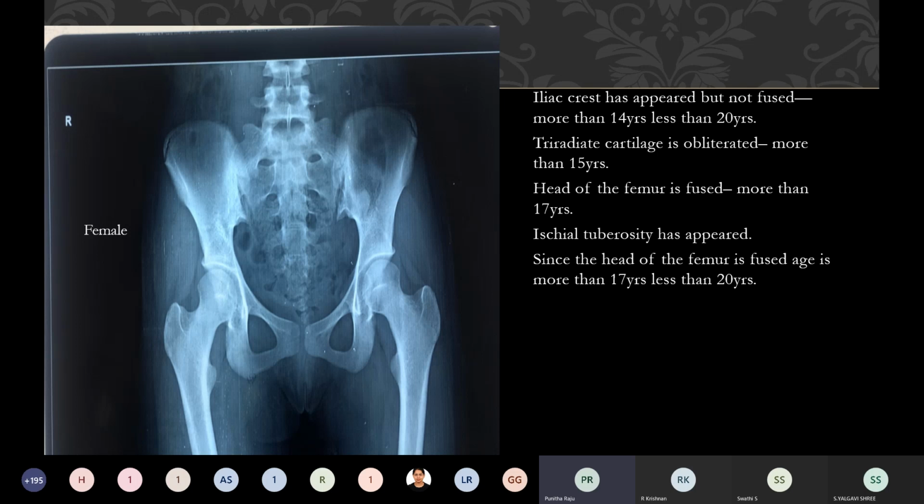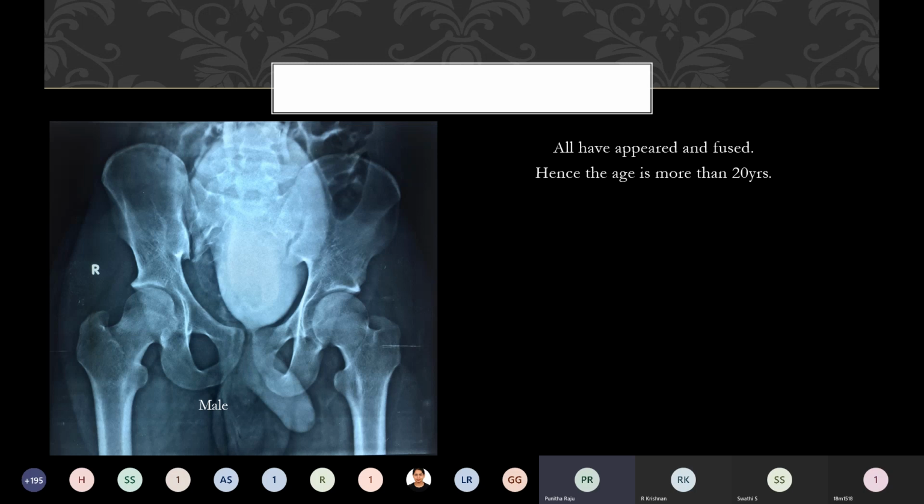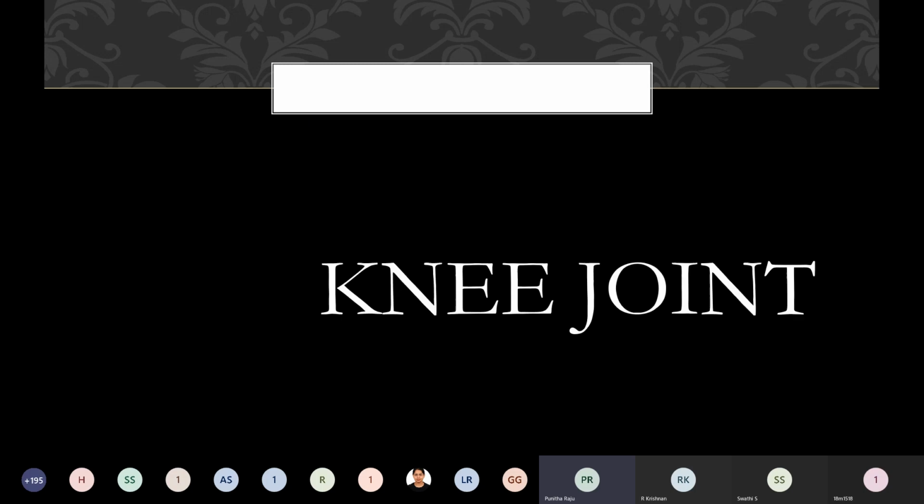The slides are not moving. It's not moving. But here I don't have any other problem. Just wait, okay? I think it will move. Now which slide you have? Now it's in knee joint, ma'am. The heading of the knee. heading of the knee joint.